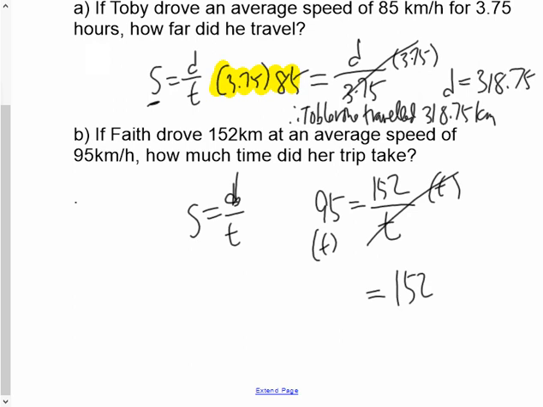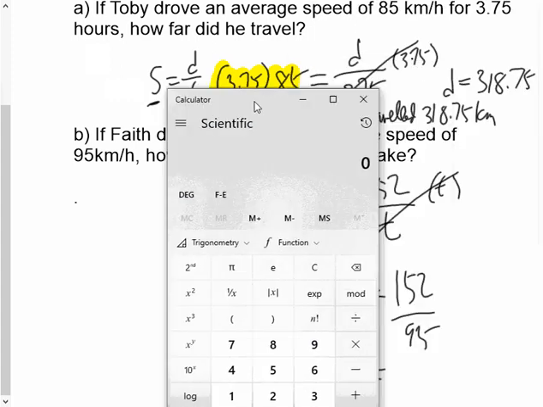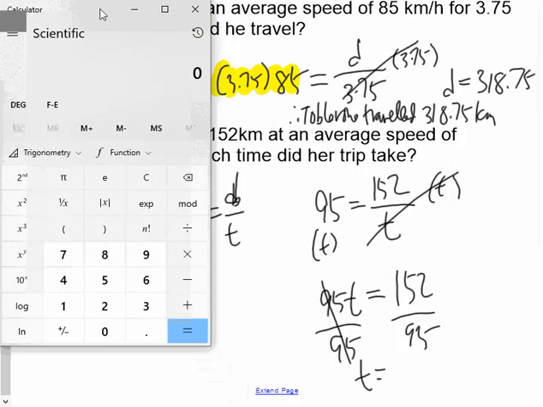And over here, 95 times t is just going to be a variable coefficient term. Divide both sides by the coefficient of 95, and t will equal 152 divided by 95 equals 1.6.